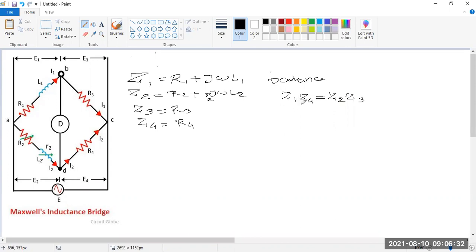Now, as per this condition, we can put in the values of Z1, Z2, Z3, Z4 to get the total equation.